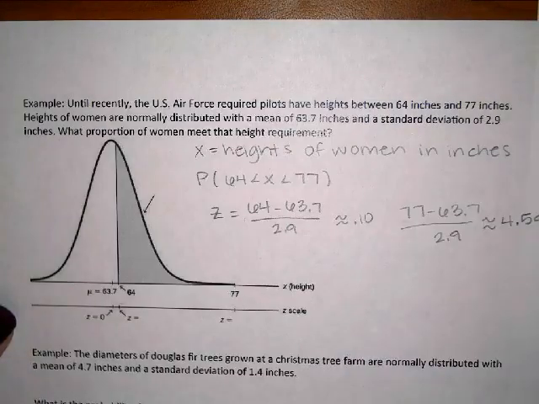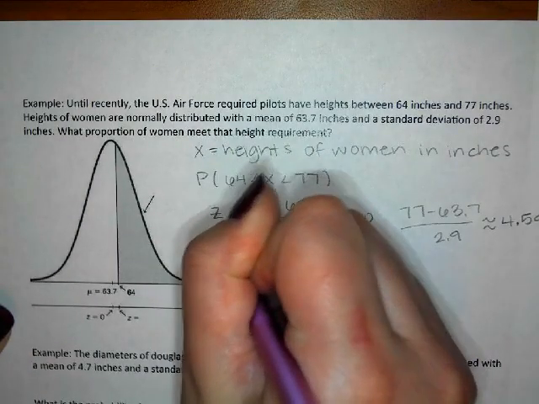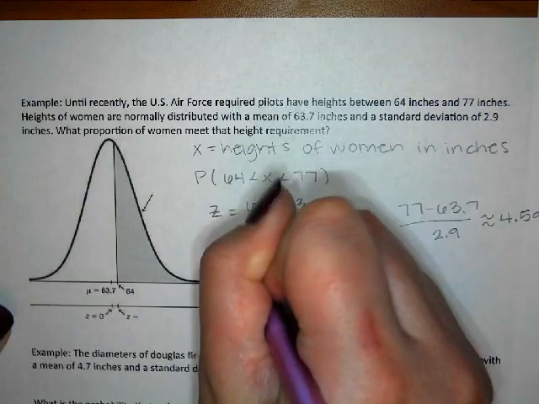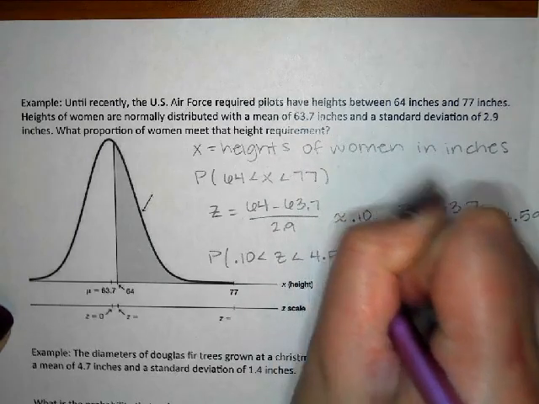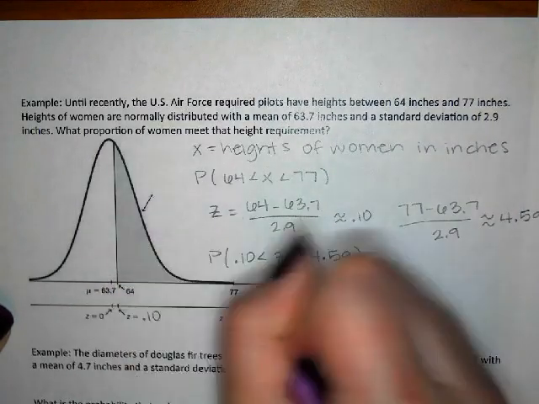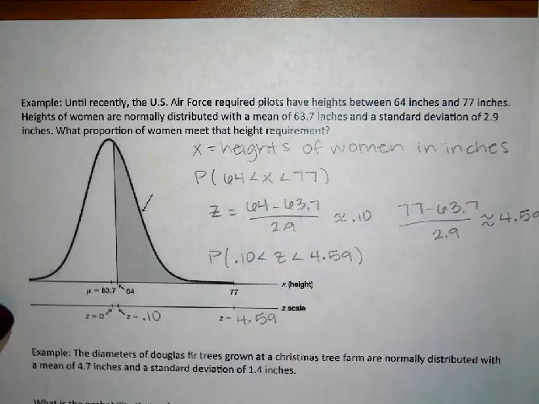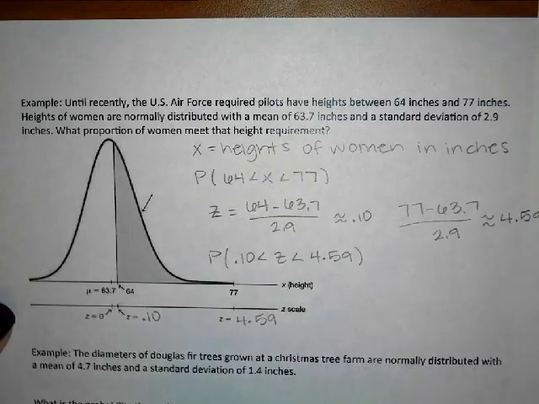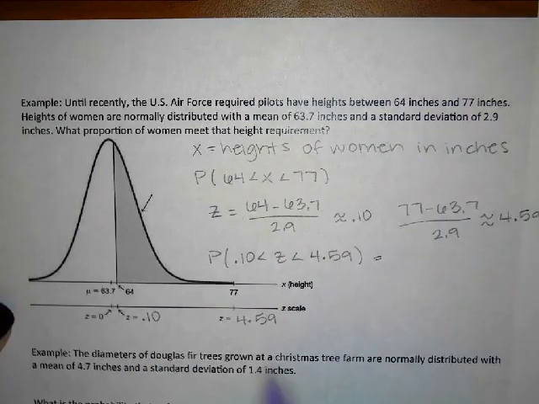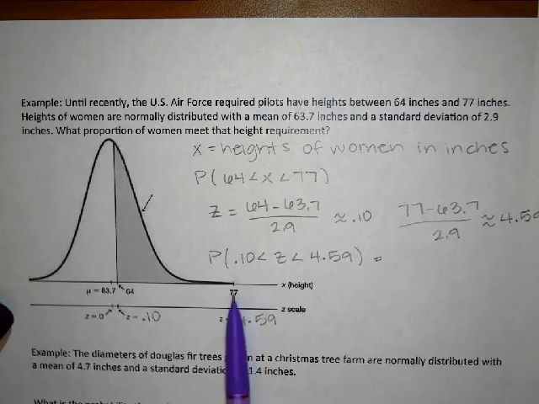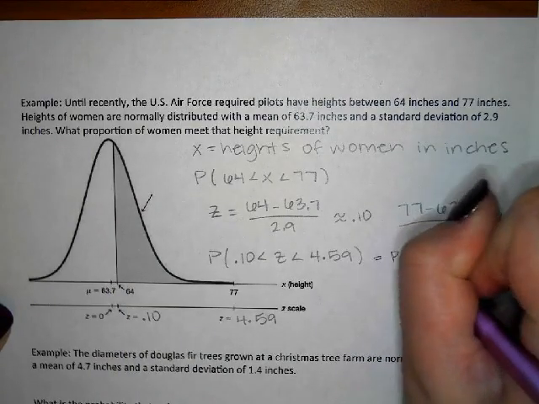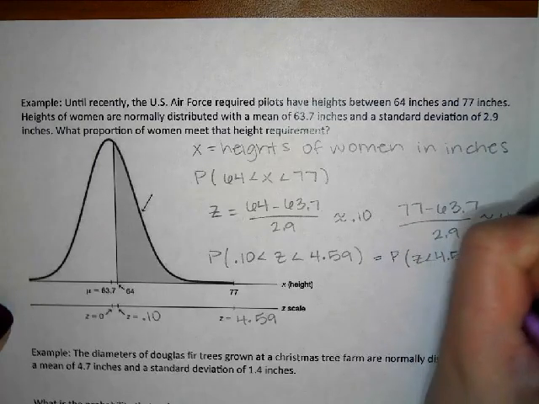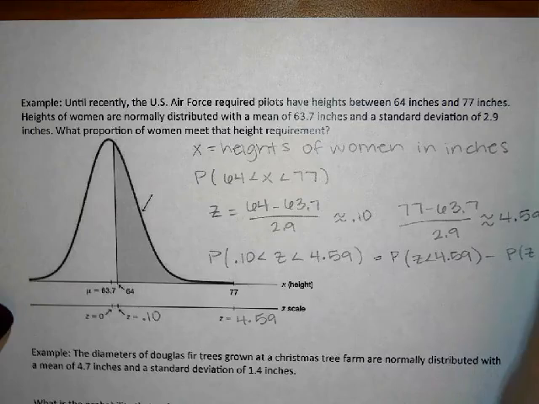So what we're really looking for is the probability that the z-score is between 0.10 and 4.59. And so to find that probability, we always do the rightmost minus the leftmost, or the upper bound minus the lower bound. So the probability that z is less than 4.59 minus the probability that z is less than 0.10.